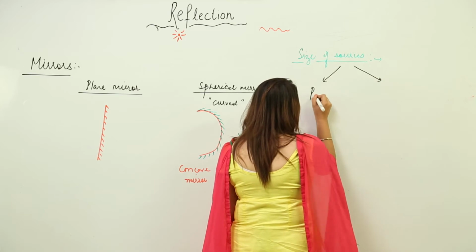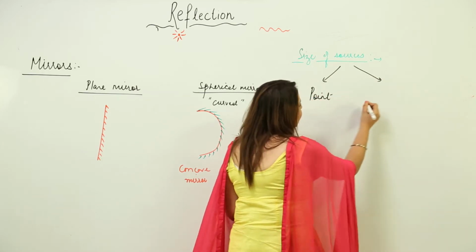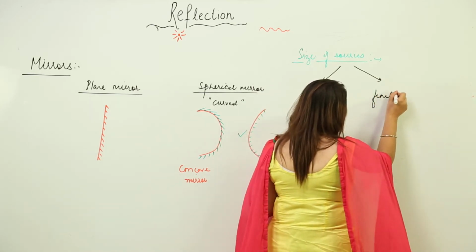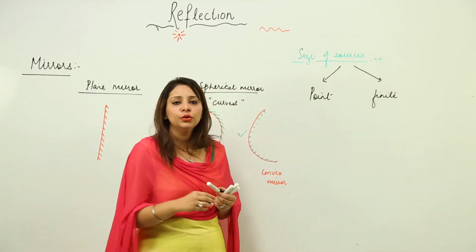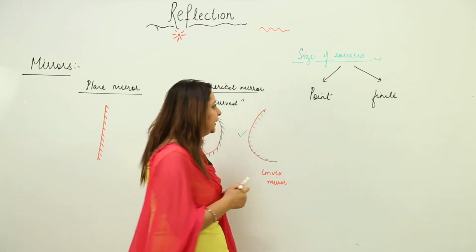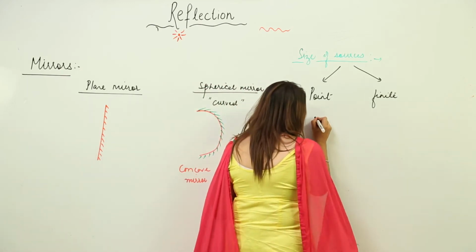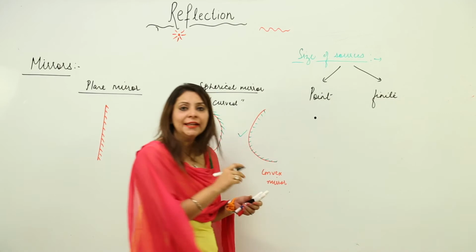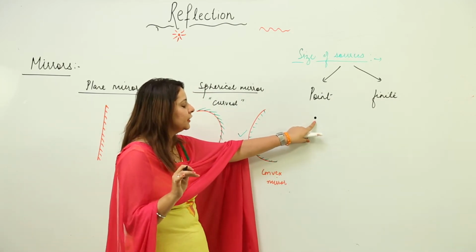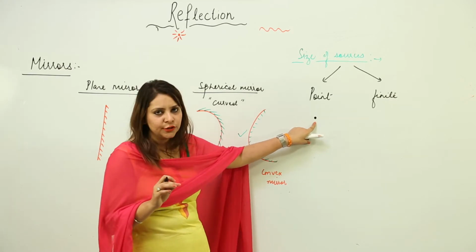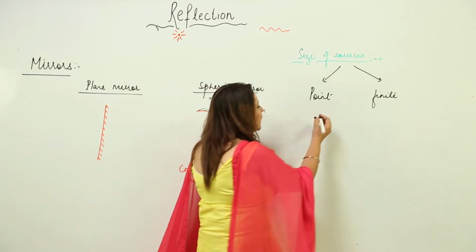One is the point source, other is the finite source. Not infinite, it is finite. So how are you going to signify a point source in the ray diagram? We will just put a dot. So whenever you have a dot and rays of light are coming from it, this should click in your mind that it is a point source. So you are going to represent it by a dot.